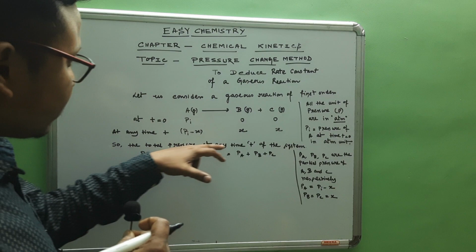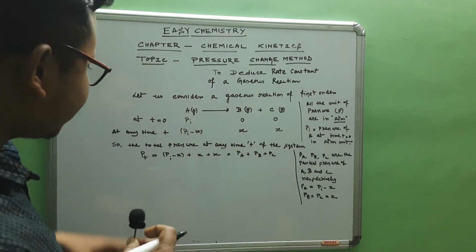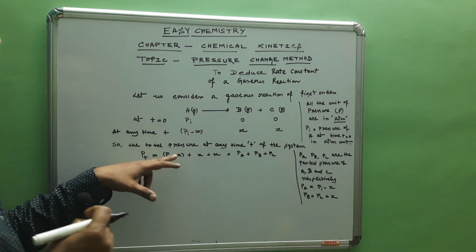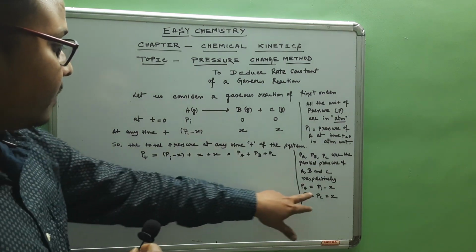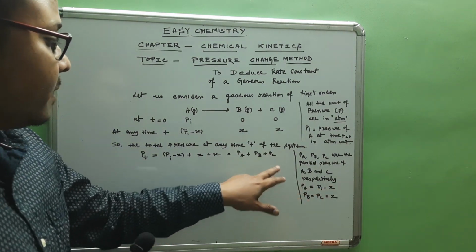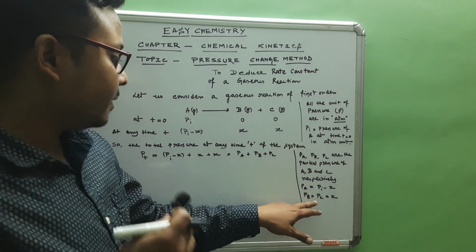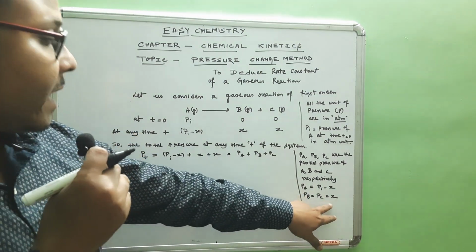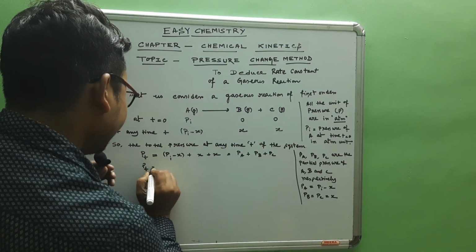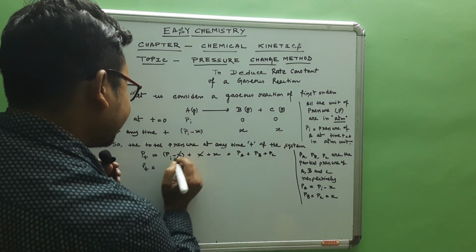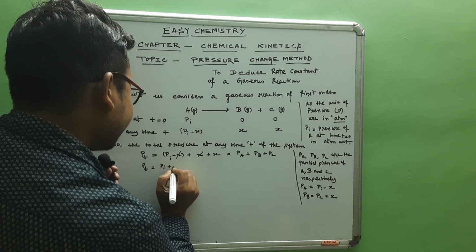So the total pressure at any time t of the system is Pt equals Pi minus x, that is PA, plus PB and PC which have the equal value of x. So what will be the Pt? Pt equals, x cancels, so Pi plus x.